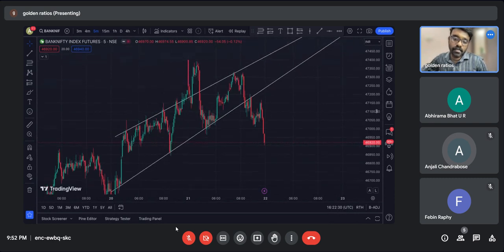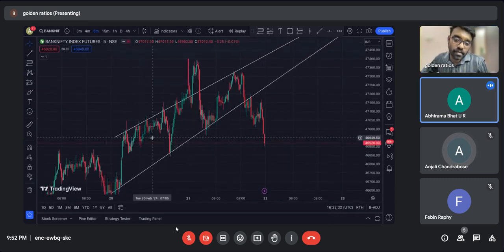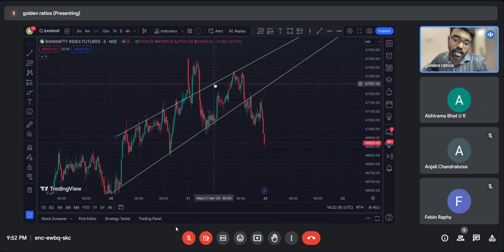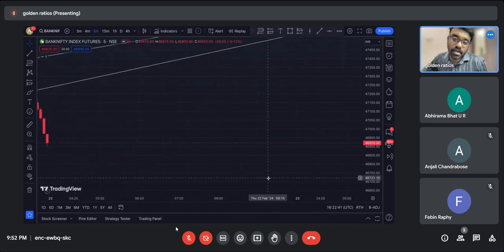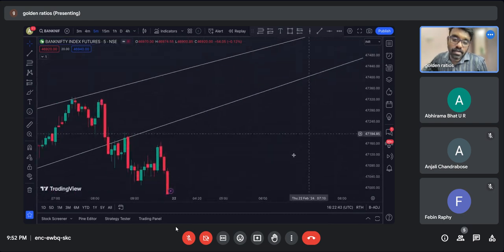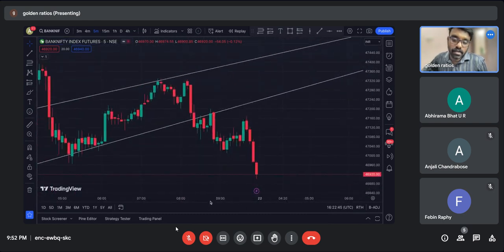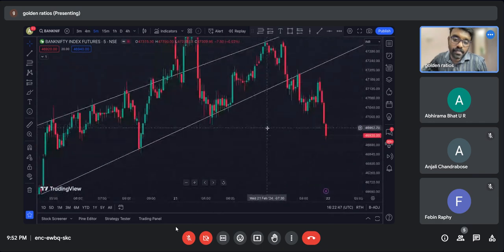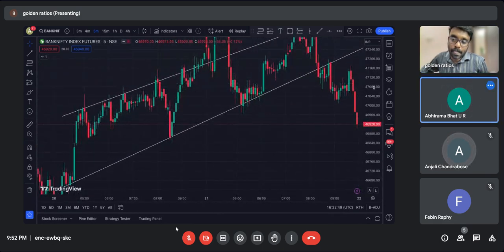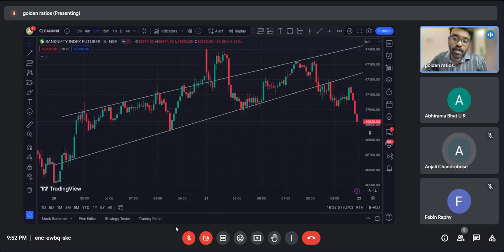See, nicely you got a support where this is a resistance, and you got the support also, right? So what happened here? Screen is visible, right? Ma'am, how it has become support and resistance, you understood, no?